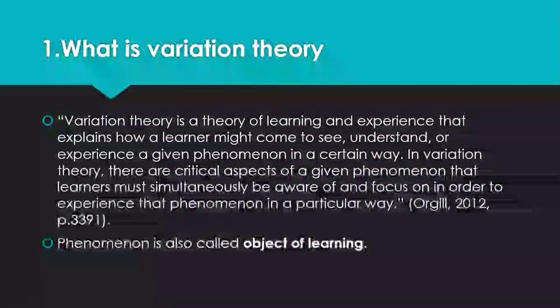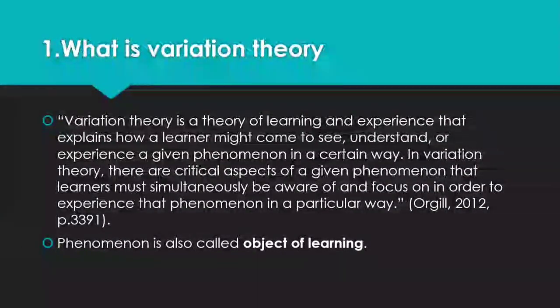The phenomenon here is also called object of learning. For a very simple example, in order to learn to identify a red apple, the learner has to identify several important aspects of the apple, like the apple's color, if it is red enough, the apple's size, if it is big enough, and the apple's flavor, if it is sweet.